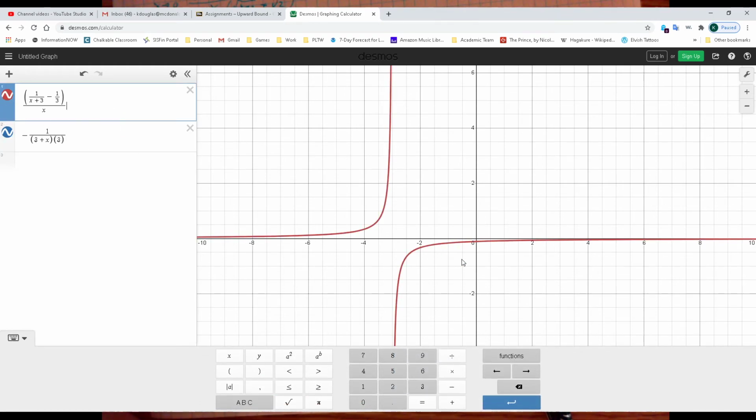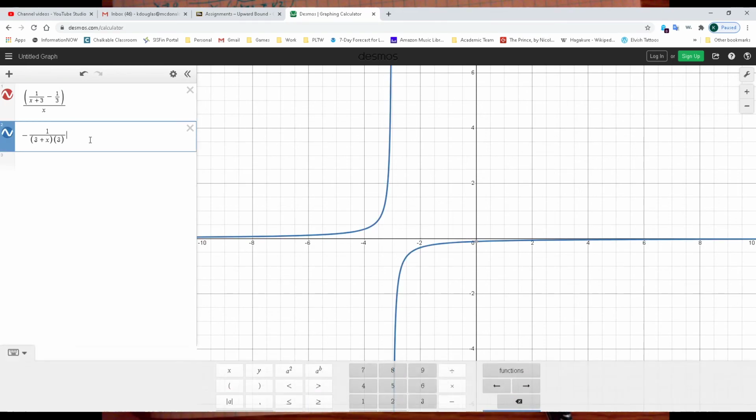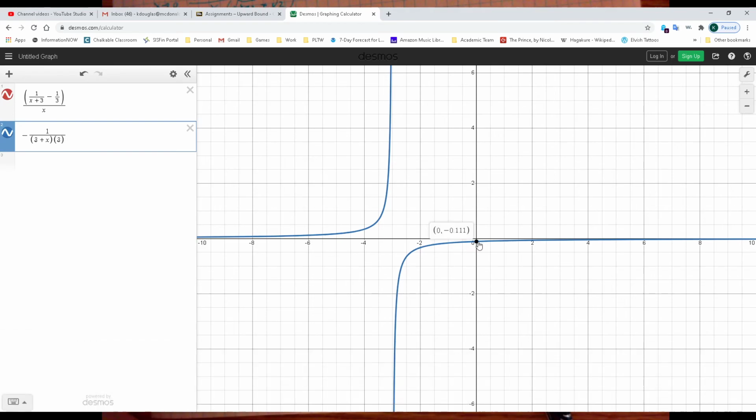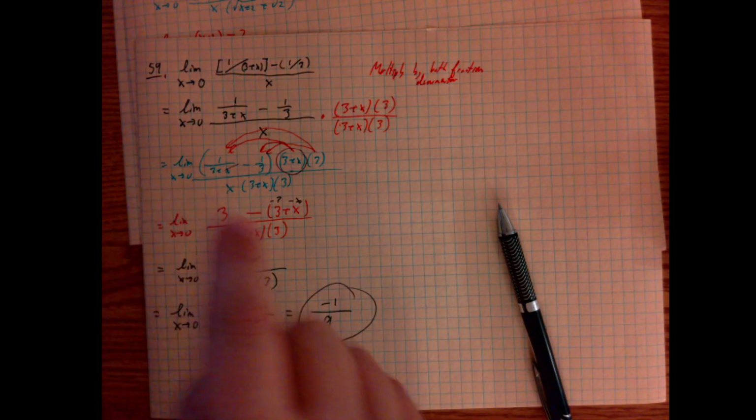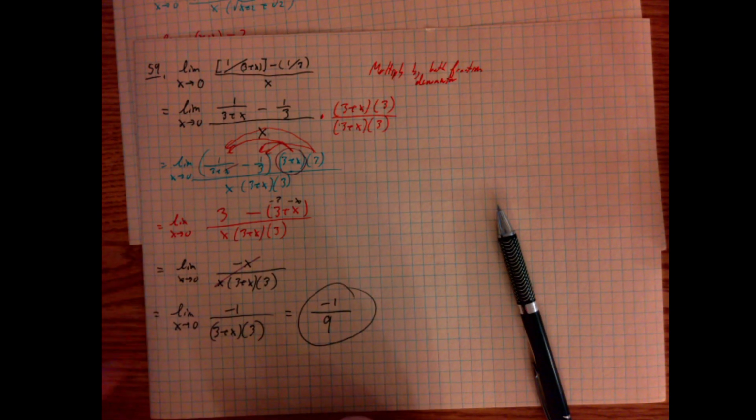However, the red one, if I go to 0, is undefined. But the blue one, if I go to 0, it is negative 0.1111, which is negative 1/9. And so again, we use these techniques to find this alternative g of x, which is solvable, compared to the original, which was not.